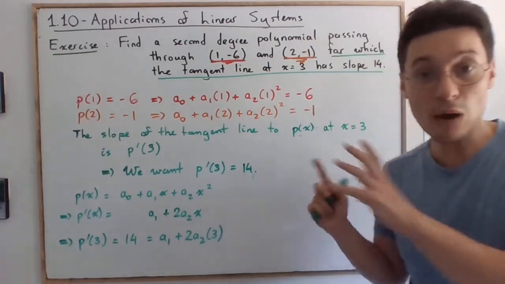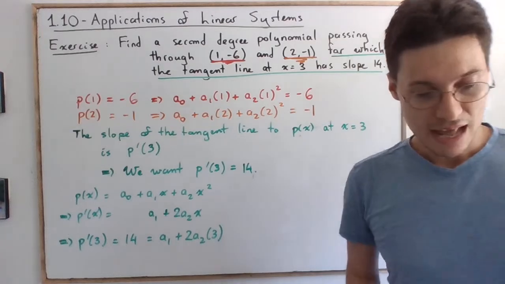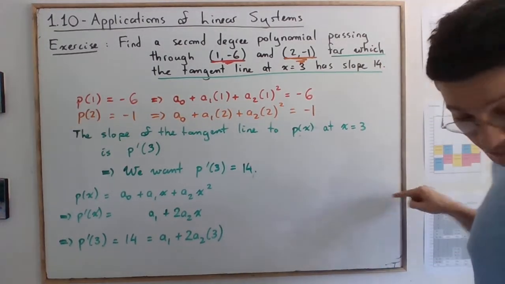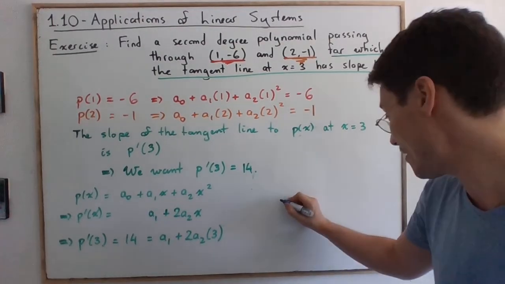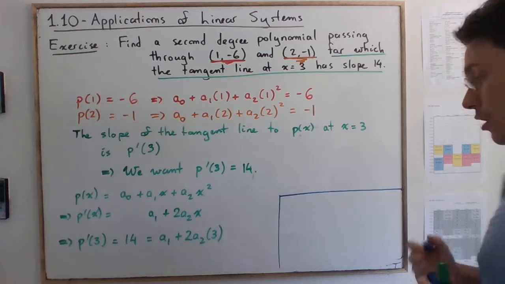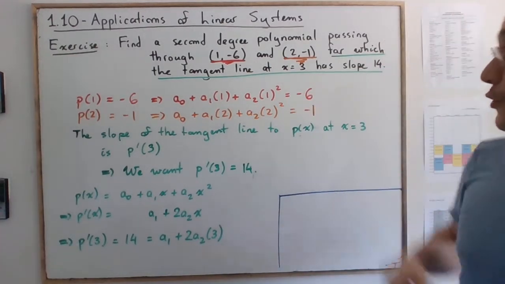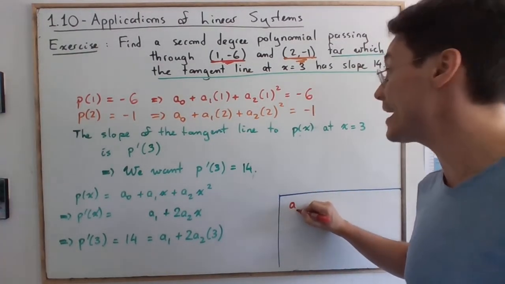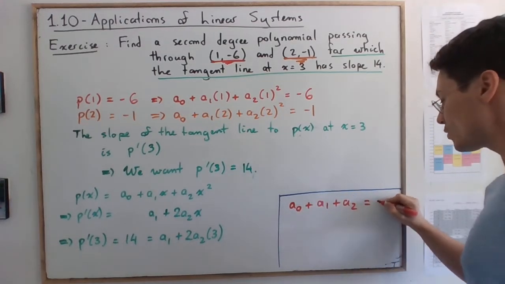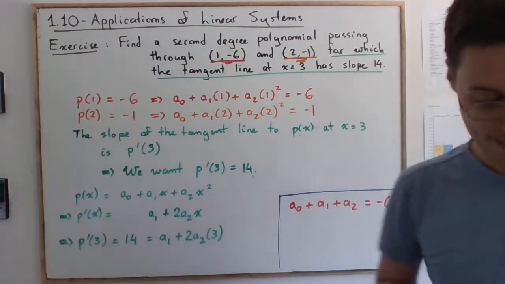Now we have all the conditions. Let's write the system of equations over here, in this little box. The red equation is simply a0 plus a1 plus a2 is equal to -6.